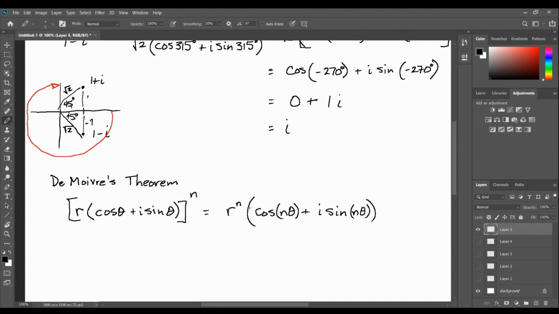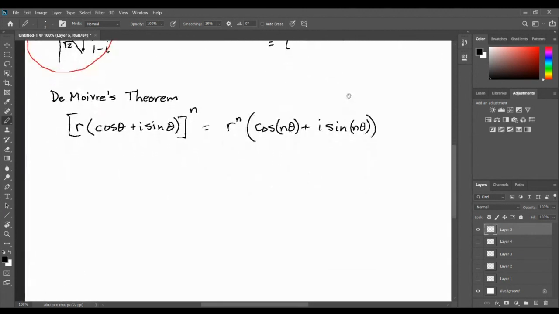So n shows up a couple of places. n will be the exponent on the r value, and each of our angles will be multiplied by n. So to see this in action, let's raise say 1 plus I to the 9th power.